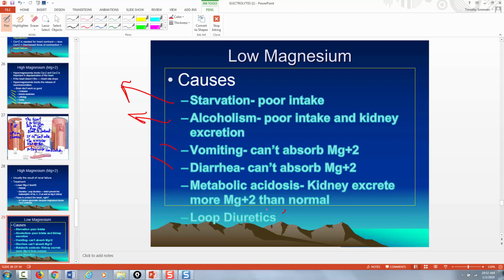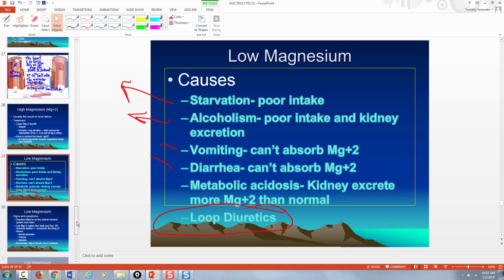And loop diuretics like Lasix, high levels of Lasix, because you're going to get rid of sodium, potassium, chloride. You will also get rid of magnesium. So excessive use of loop diuretics, especially Lasix, will cause your magnesium to drop.